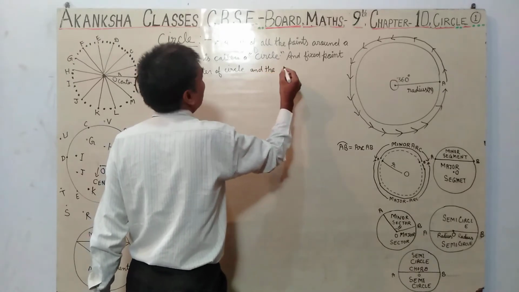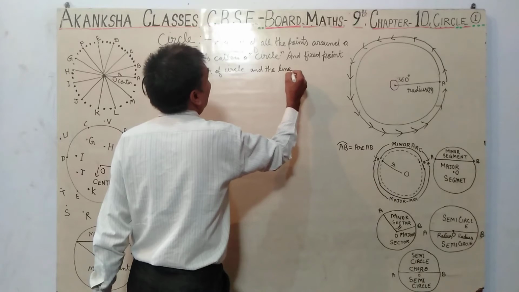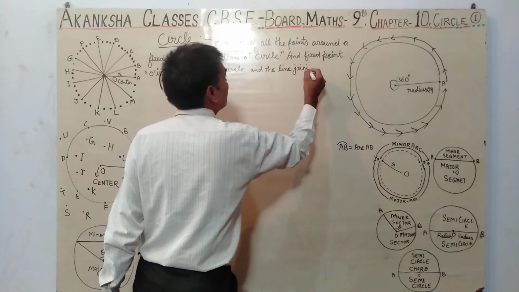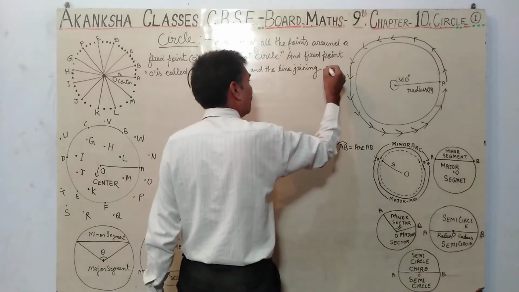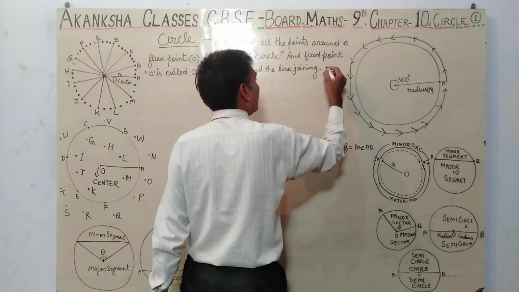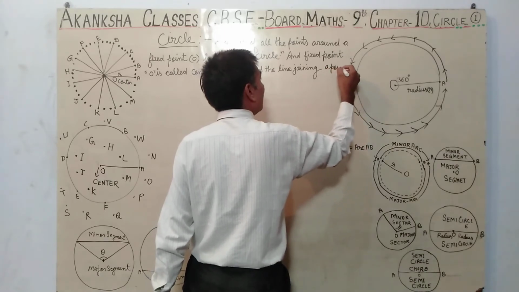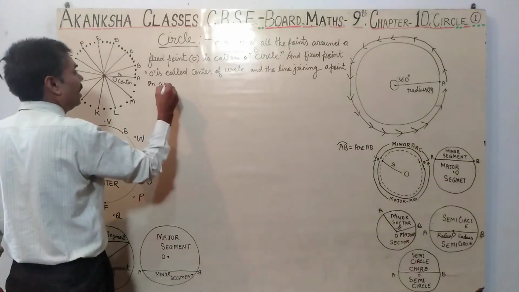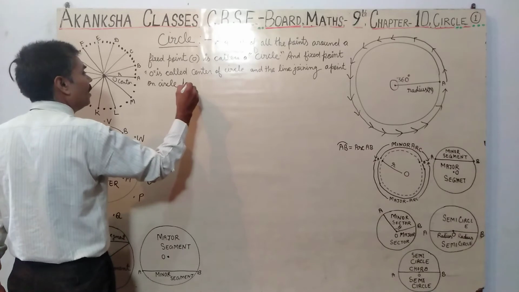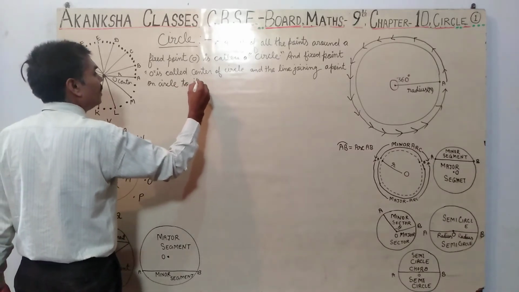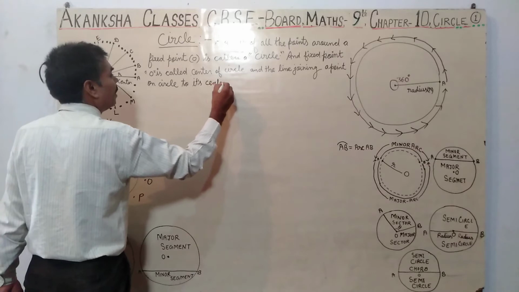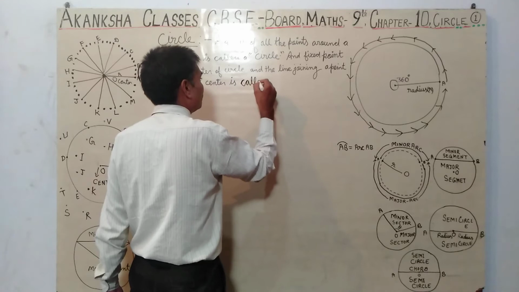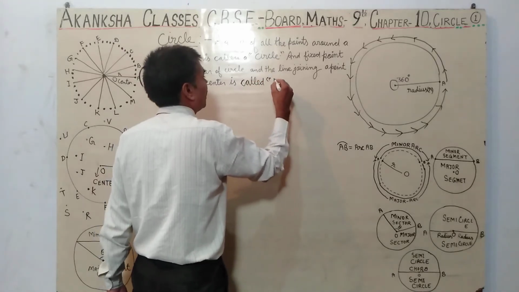And the line joining a point on the circle to its center is called the radius.